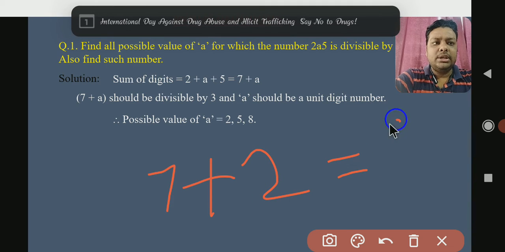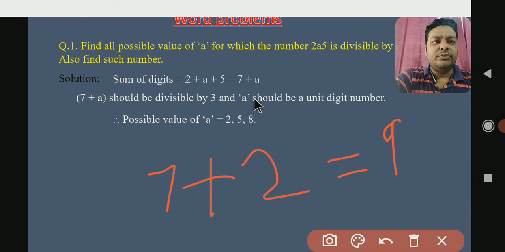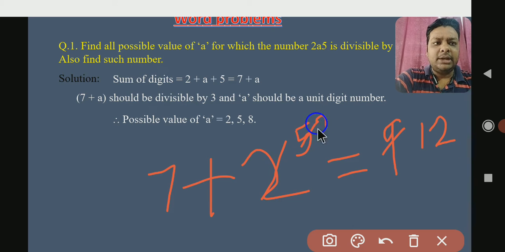And if you put 5 instead of 2, then 7 plus 5 will be 12, and yes, 12 is also divisible by 3. If you put 8, then 8 plus 7 will be 15. So yes, 15 is also divisible by 3.